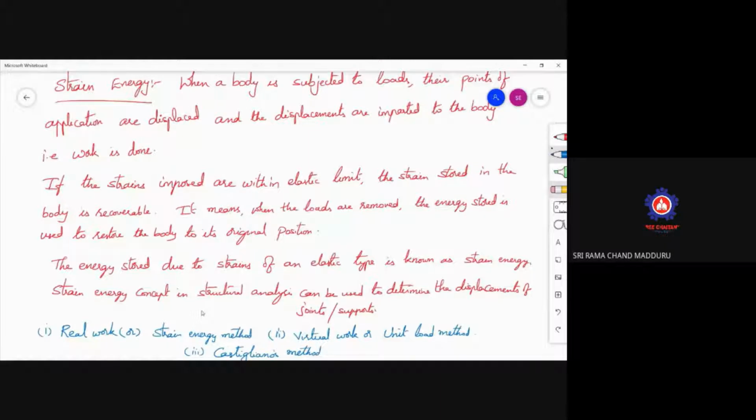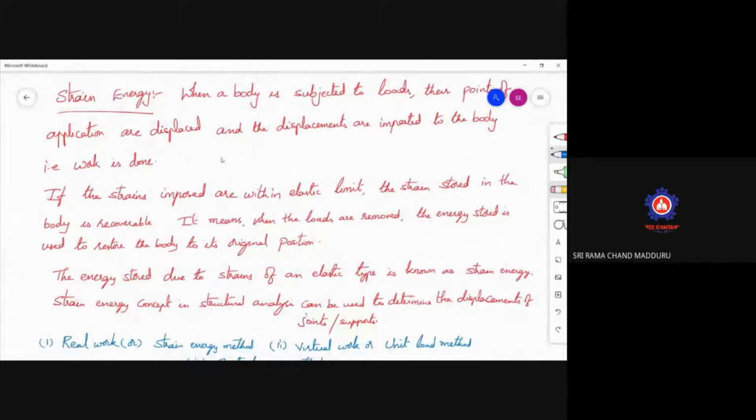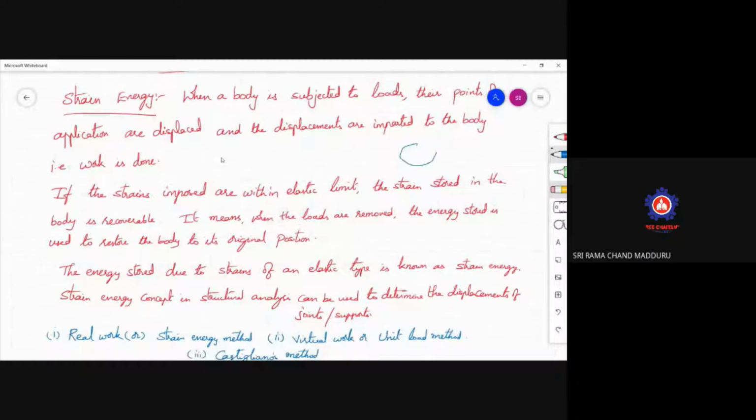So just listen once again. What we said is when a body is subjected to certain loads, for example, consider an object. This object is being subjected to certain external loads.